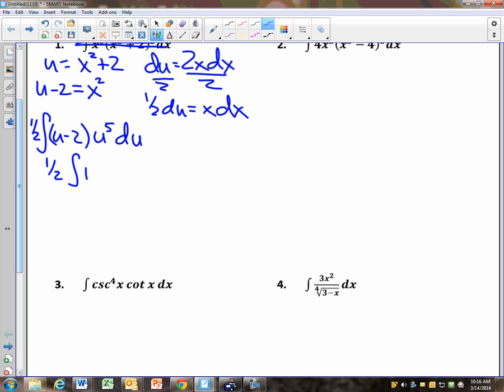Multiply through. u to the 6th minus 2u to the 5th du. What's the antiderivative of u to the 6th? Multiplied by 1/2 would be u to the 7th over 14.